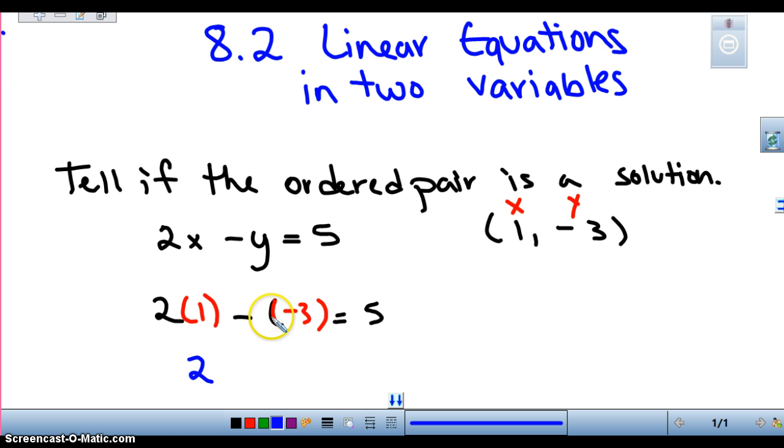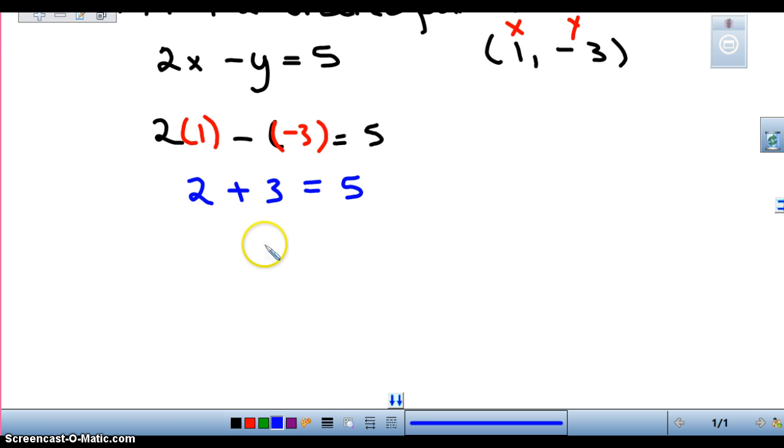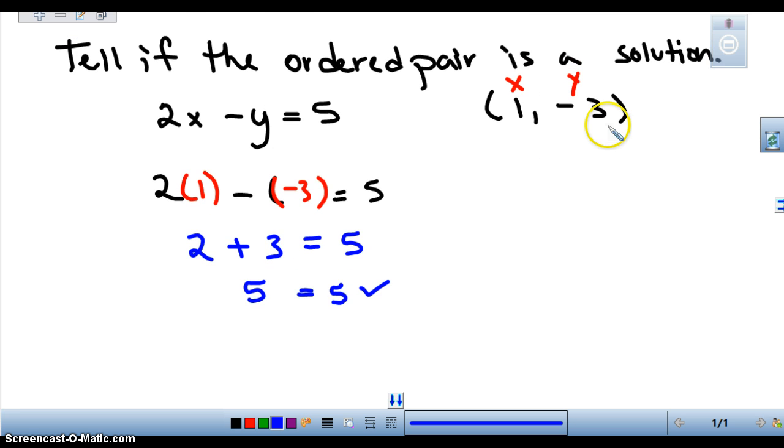Negative times negative 3 is plus 3, which equals 5. Is this true? 5 equals 5. Because the equation is true, this ordered pair makes the equation true, or it produces a true statement, then yes, it is a solution.